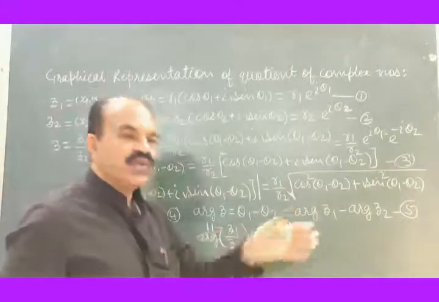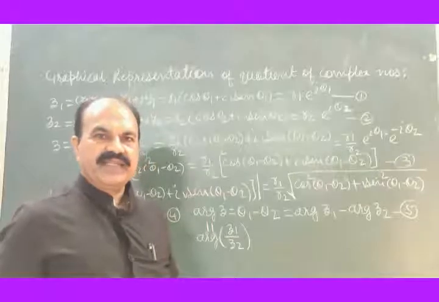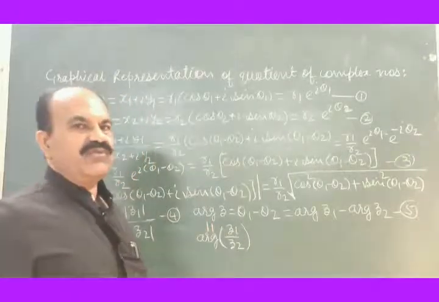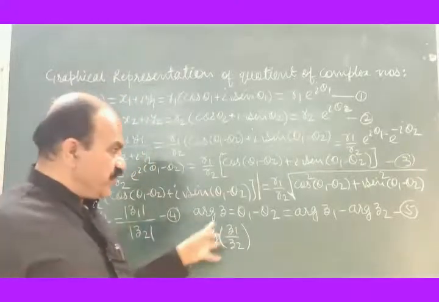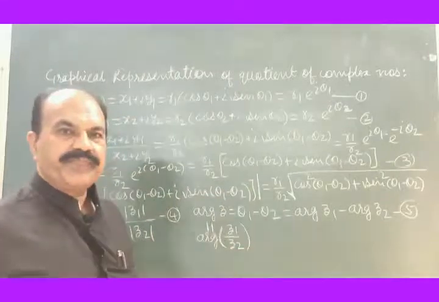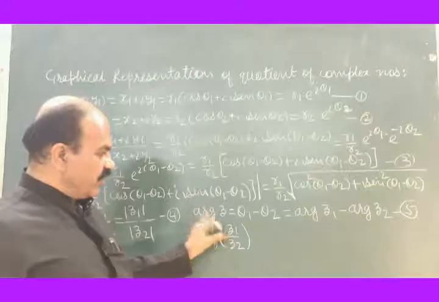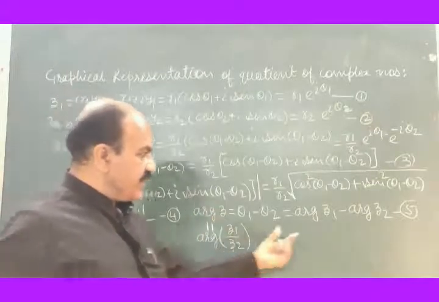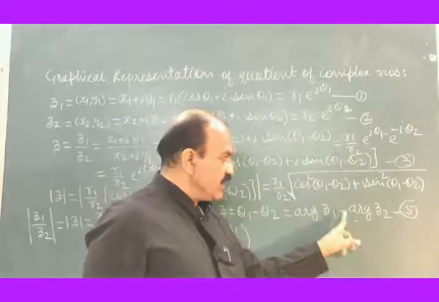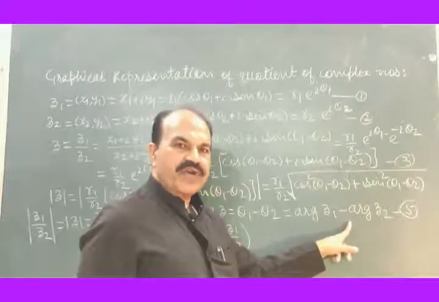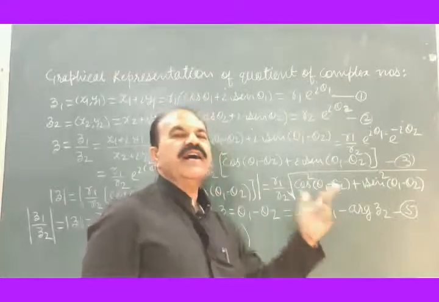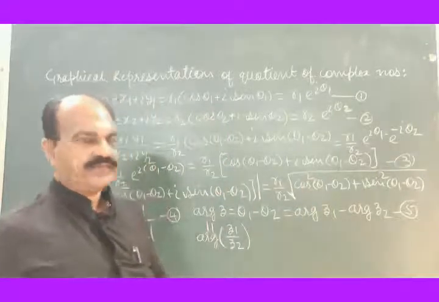Let us have a close look at equation 5 and try to draw a conclusion. What we observe from equation 5? The argument of the quotient of two complex numbers is equal to the subtraction or difference of their arguments.